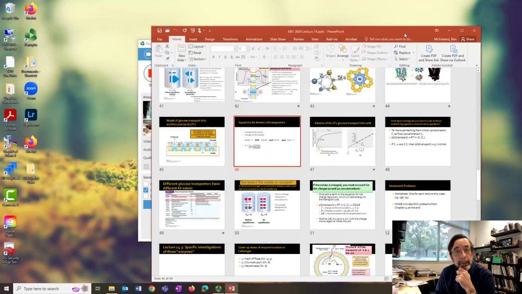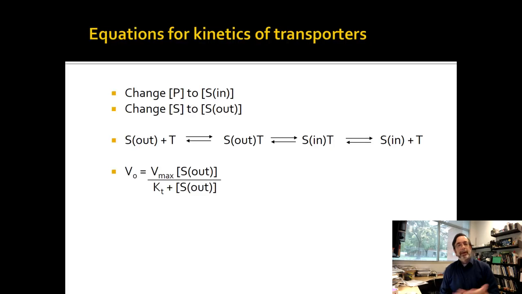All right, let's pick up where we left off in class today, because I left off with a bunch of math, but this is math that you've seen before. As I already explained, transporters are a different kind of enzyme, and I want you to look at them that way.